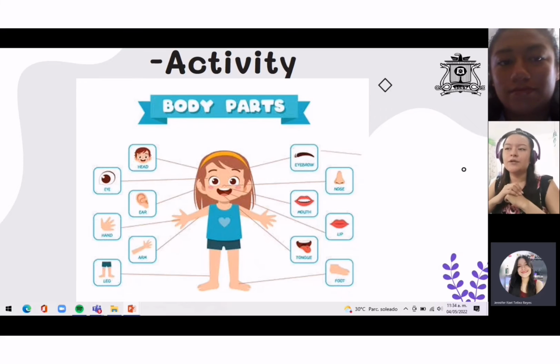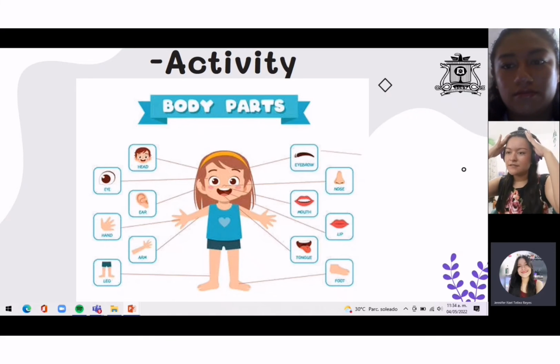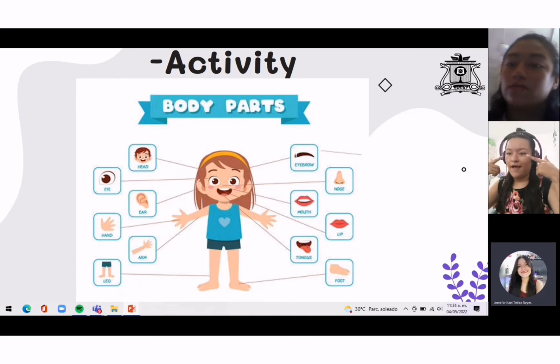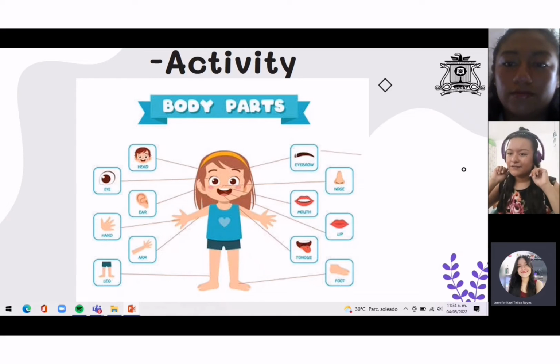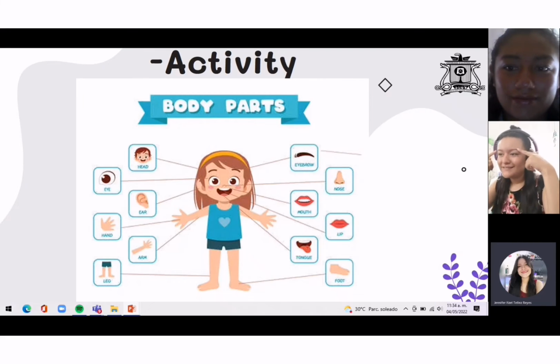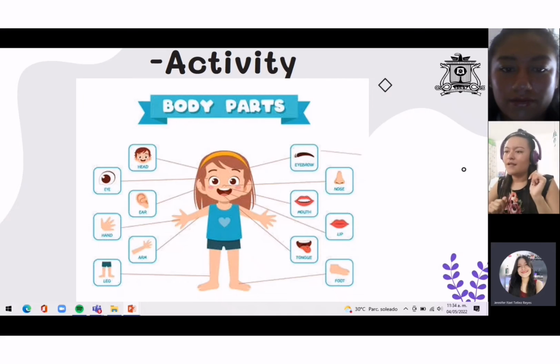Our topic today will be the body parts. So let's start to learn some vocabulary about that. So first we have the head, the eyes, the ears, the hands, the arms, the legs, the eyebrows, the nose, the mouth, the lips, the tongue, and the foot.